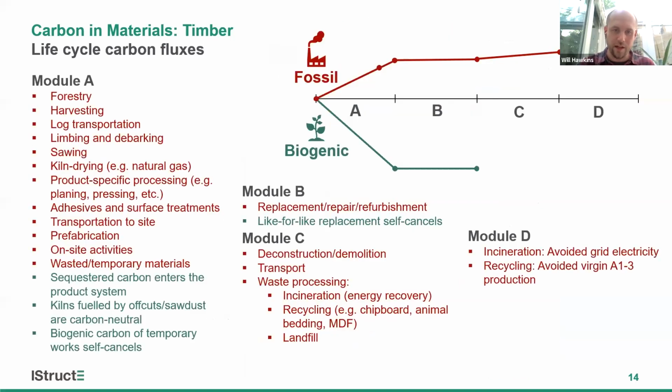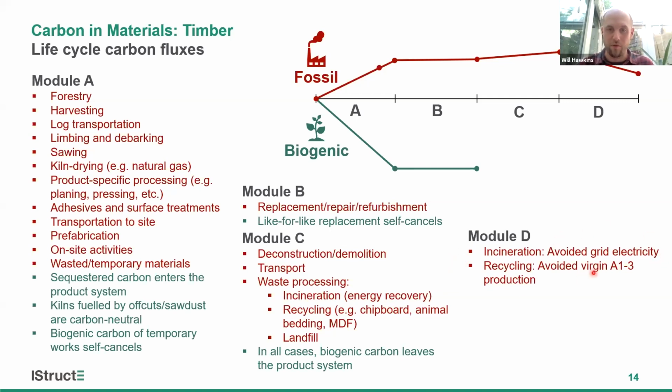So when it comes to biogenic emissions in module D, they're all leaving the product system there, no matter what happens. Sometimes they're not going straight into the atmosphere, sometimes they're being recycled, but typically that's a short-lived product where it's going to end up back in the atmosphere. We shouldn't forget module D, of course. If we're incinerating to create energy, to create electricity, we're avoiding grid electricity.